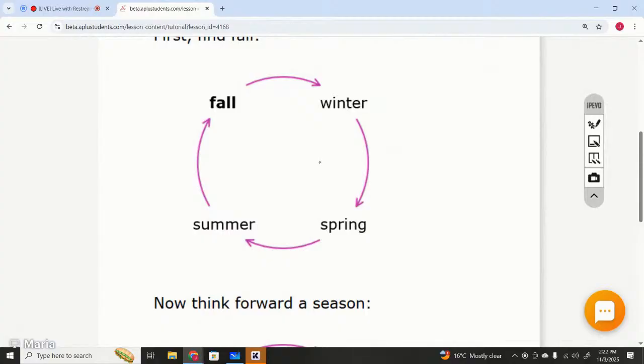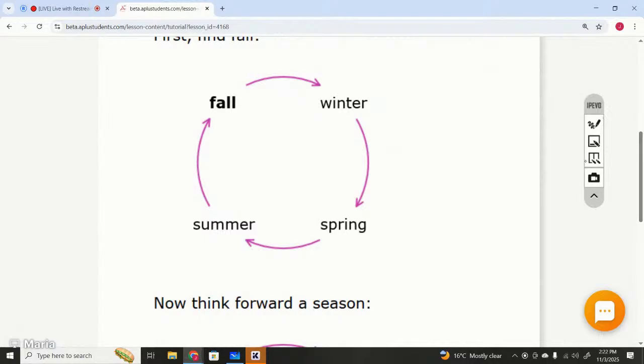After spring it is summer. So before winter it is fall, and after winter it is spring.